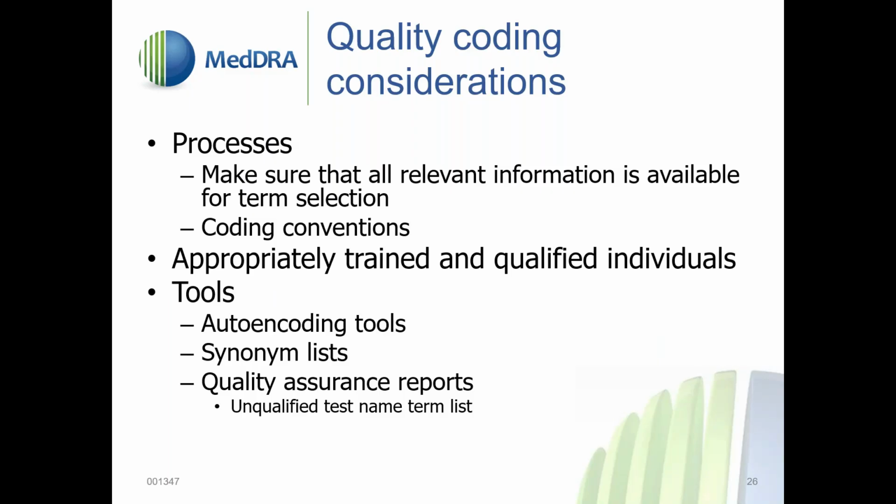You will find this list under the header support documentation on the MedDRA website. So that's an easy exercise to run this unqualified test name term list over your adverse event, adverse reaction coding in order to identify any terms that do not contain any qualifier, because this doesn't make sense.